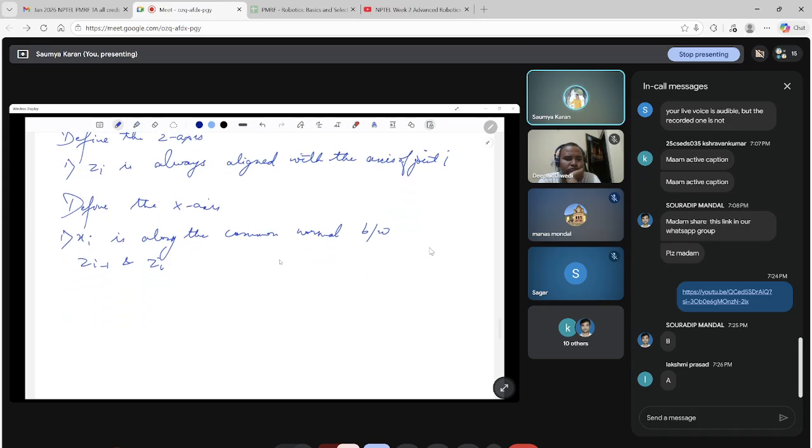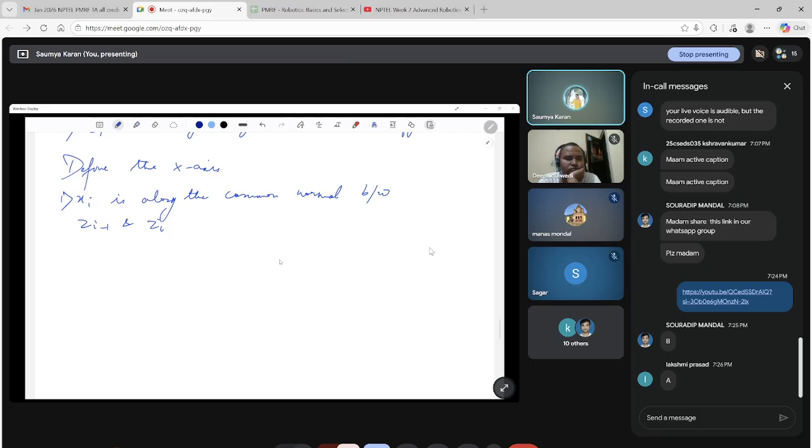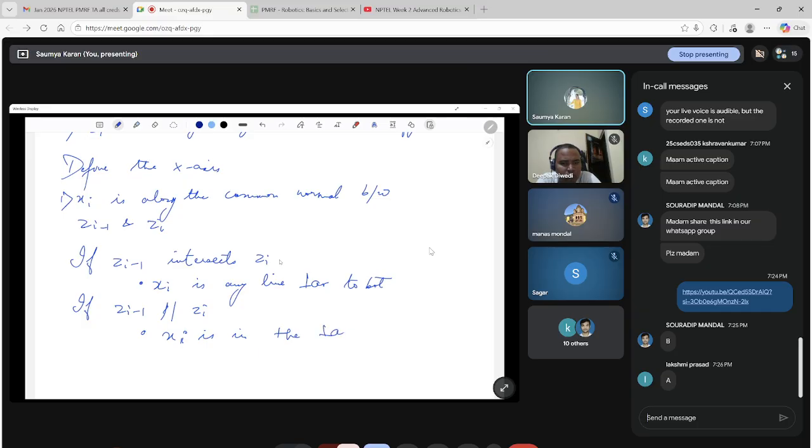The common normal is basically the shortest line perpendicular to both z-axes, and there are two edge cases here. If zi minus 1 intersects zi, then xi is any line perpendicular to both. If zi minus 1 is parallel to zi, then xi is in the perpendicular direction. Okay, these are the two cases.